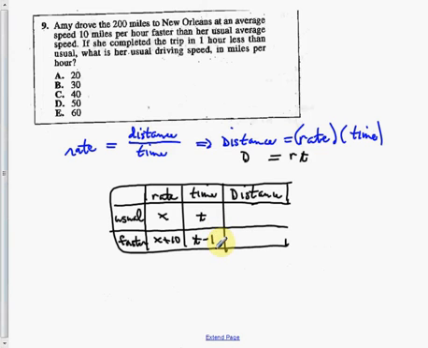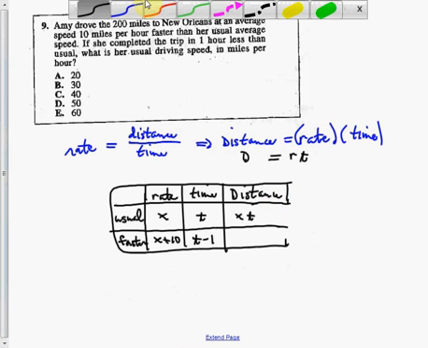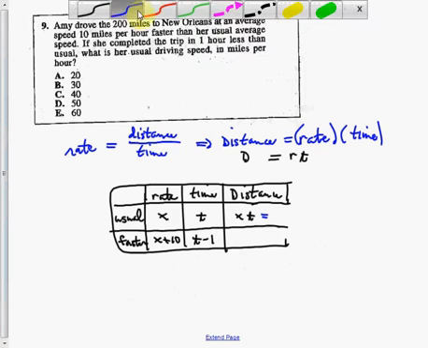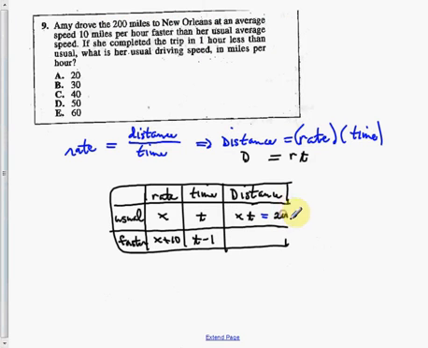Since rate times time is equal to distance, this is x times t, and that's equal to 200, by the way, because that's the distance. And here, this distance is the rate times the time, that's going to be x plus 10 times t minus 1.